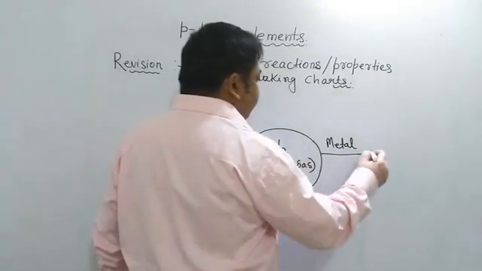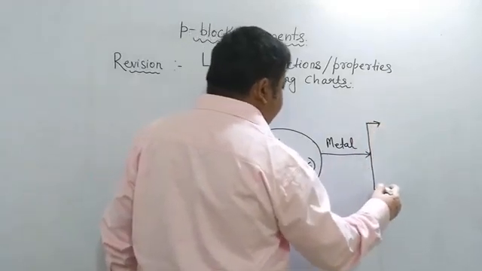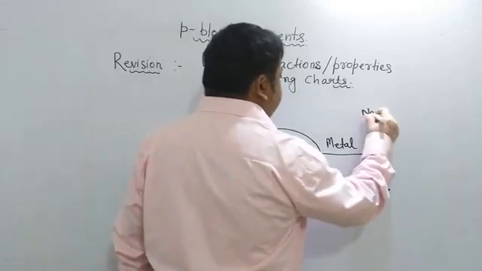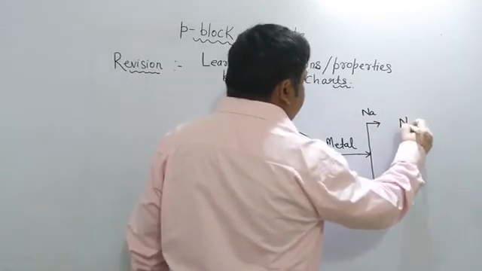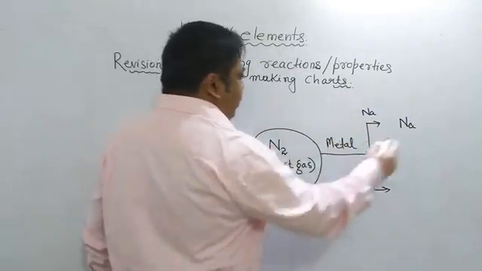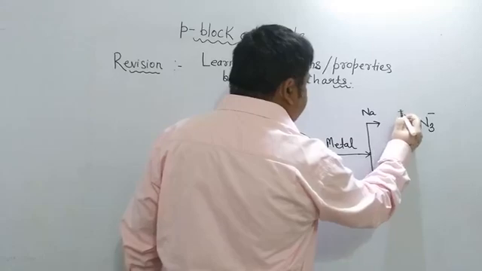So with metal, what are the metals with which it can form salt? Mostly the active metals, like, say, if you take sodium, then it will form sodium azide, NaN3. It will give lots of electrons to nitrogen, and nitrogen will form N3 minus and Na plus.